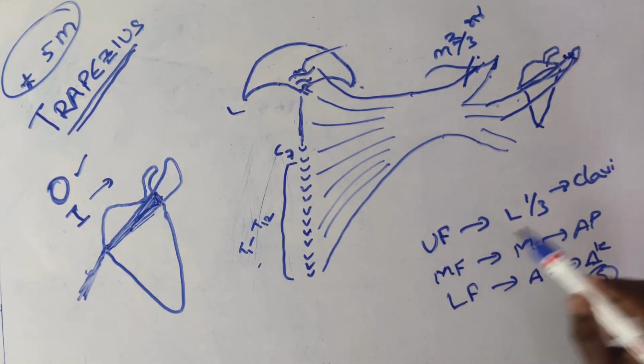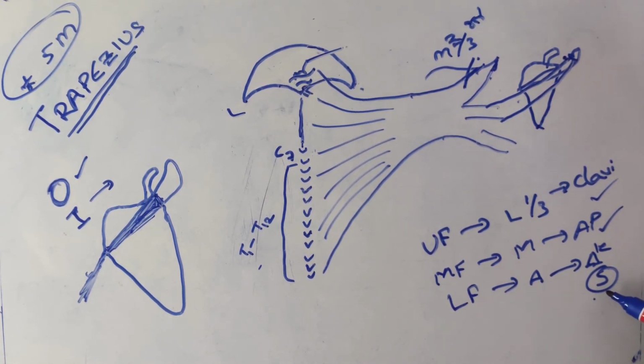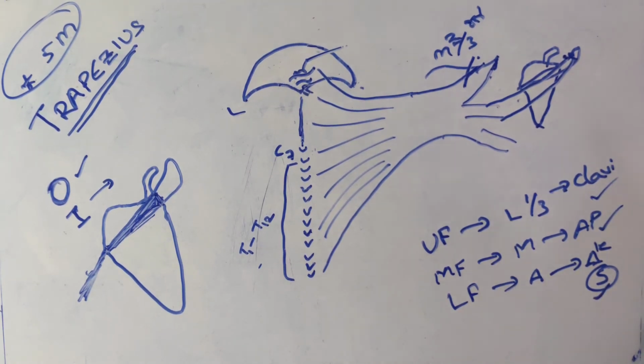So I repeat again: the upper fiber attaches to the lateral 1/3 of the clavicle, the middle fiber attaches to the medial side of the acromion process, and the lower fiber attaches to the apex of the triangular area of the spine of the scapula. This is about the insertion.